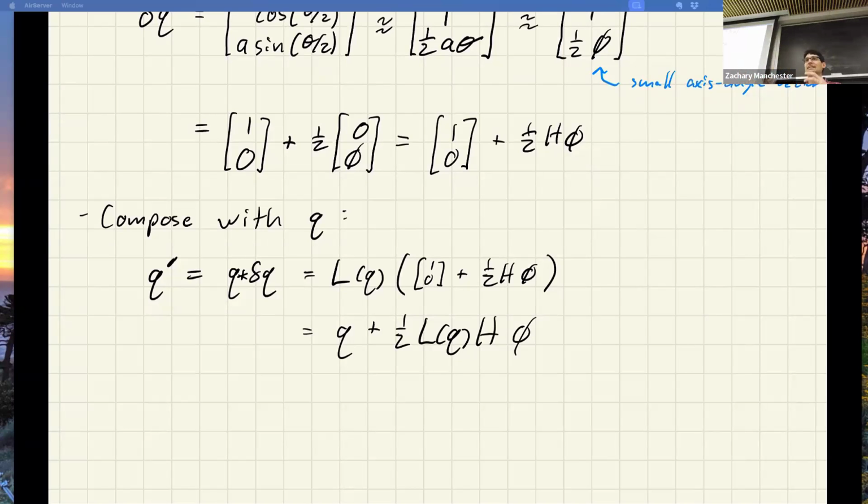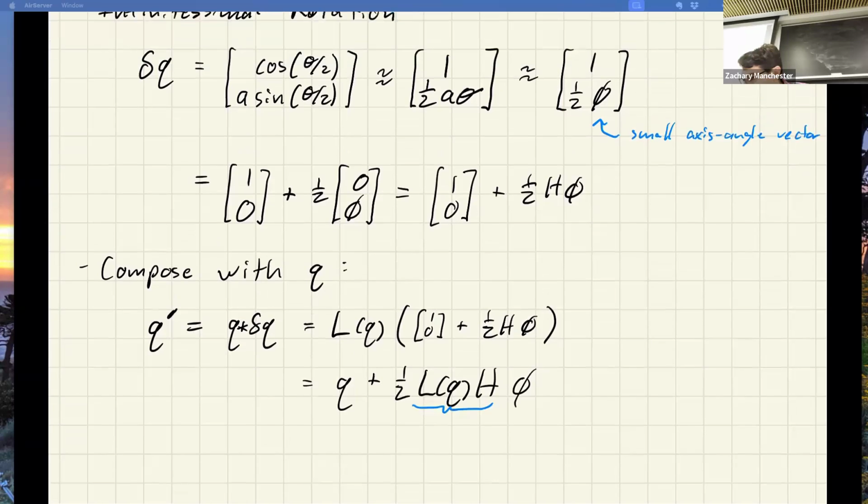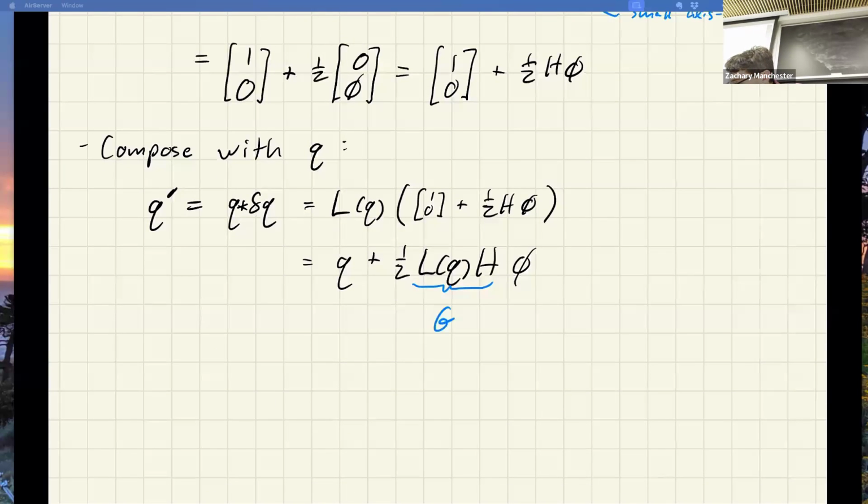So instead of x plus tiny delta x, it's q plus tiny little phi. And this Jacobian thing shows up a lot, and we're going to give it its own name. We're going to call this G of Q. To be clear, this guy's 4 by 3. It's mapping our little 3D tangent plane perturbation into a 4D thing tacked onto my quaternion. We're going to call this guy the attitude Jacobian.